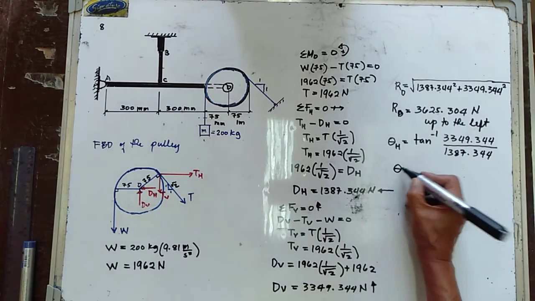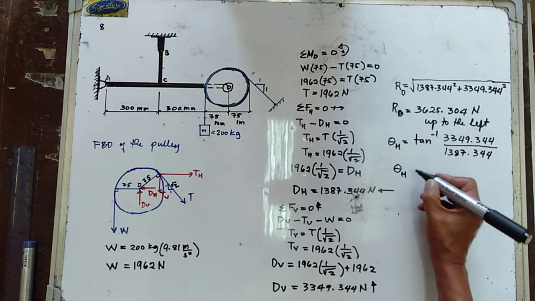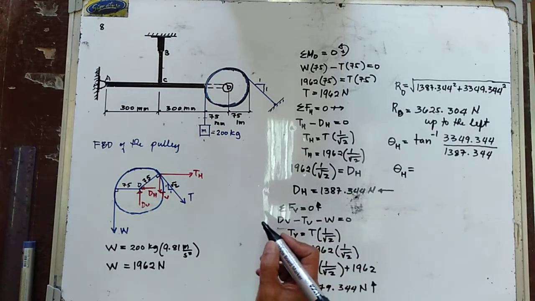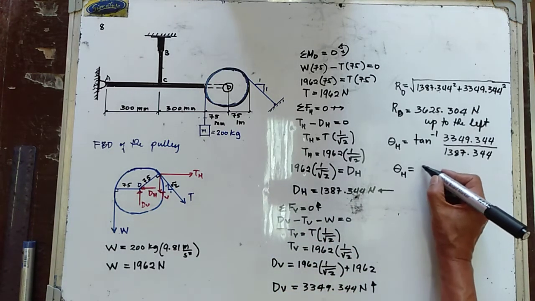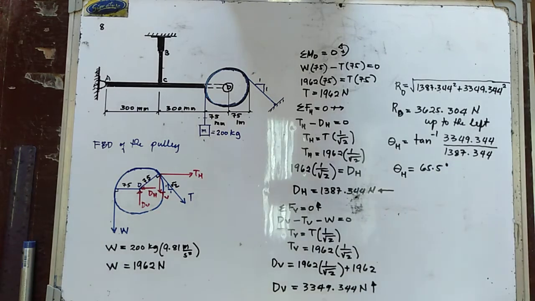Hence, the angle that the total reaction at point D makes with the horizontal is now equal to 65.5 degrees.